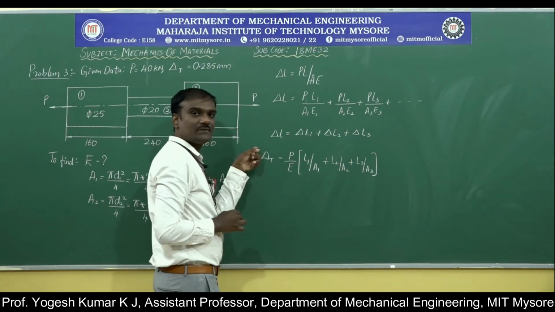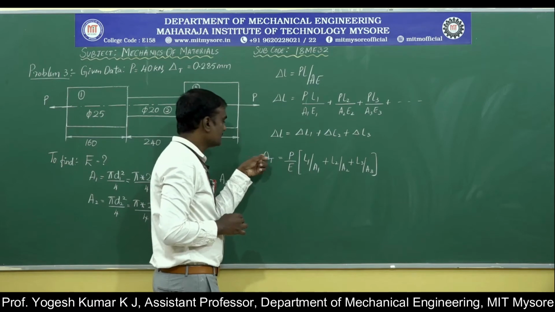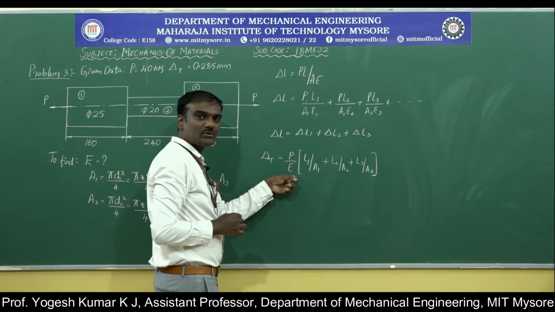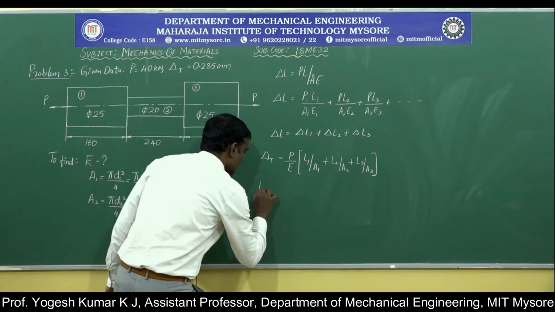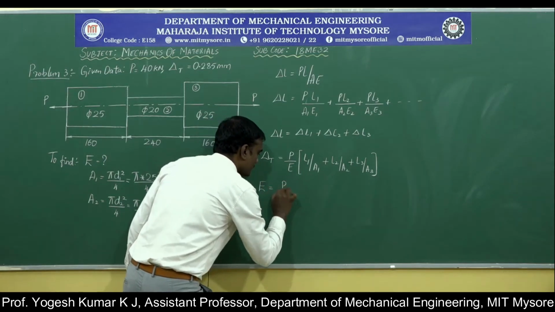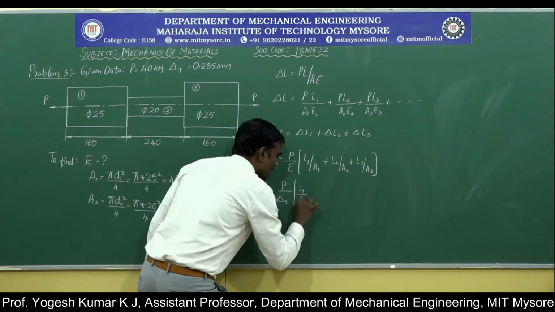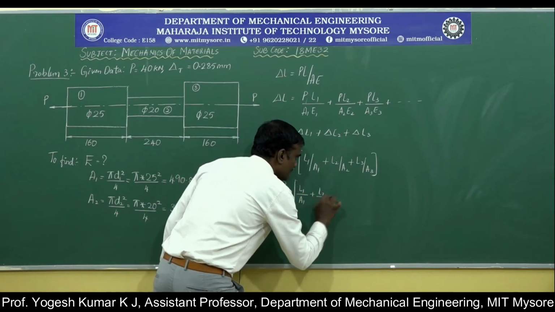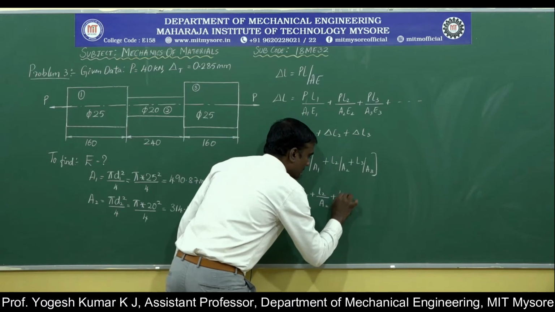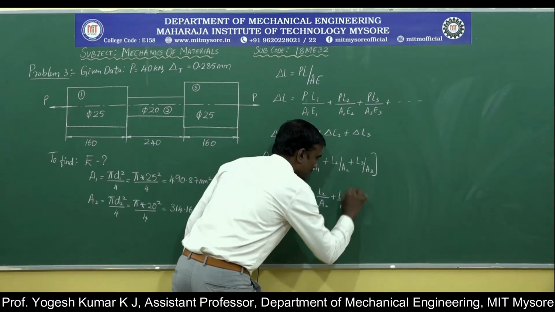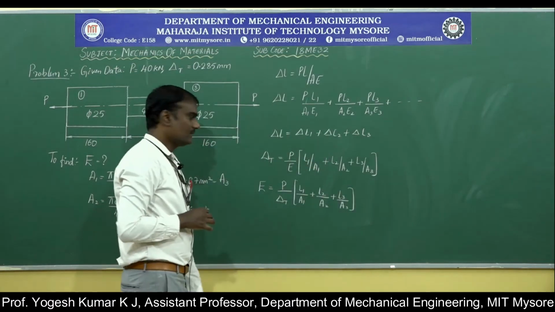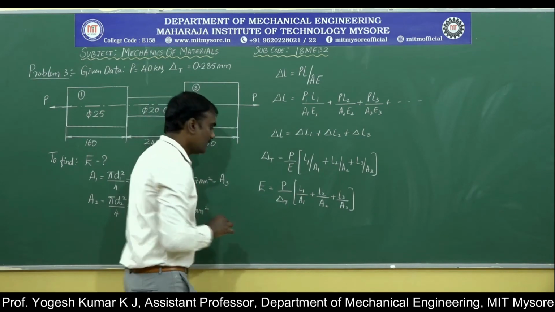Now I can shift Young's modulus to the LHS and send the delta T, that is the total elongation, to the RHS. So E becomes P by delta T times L1 by A1 plus L2 by A2 plus L3 by A3.